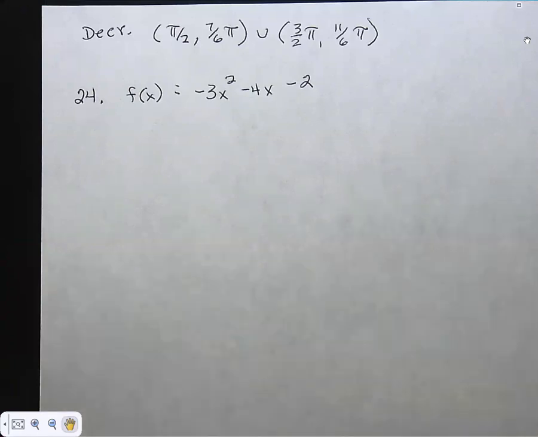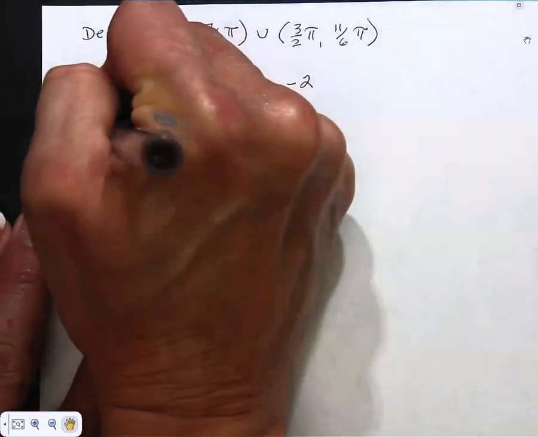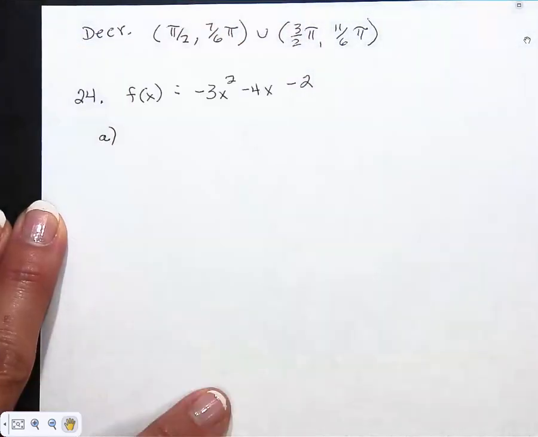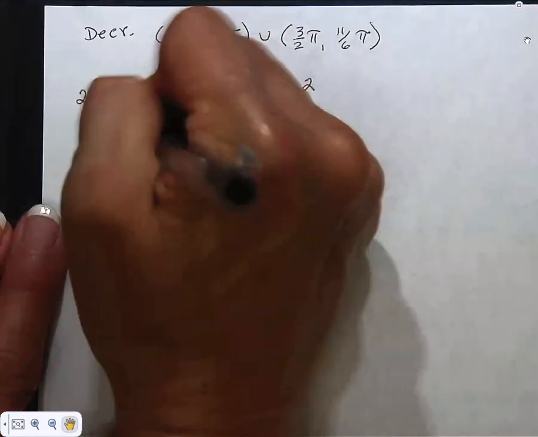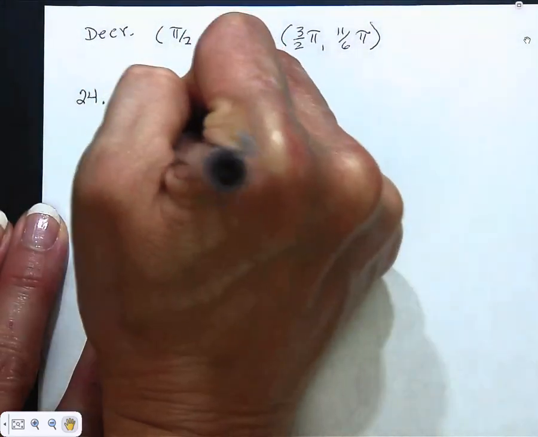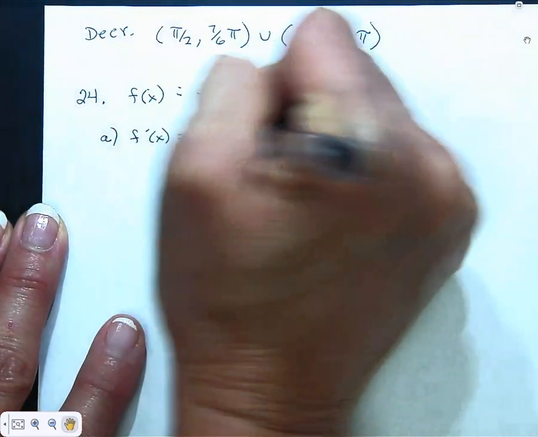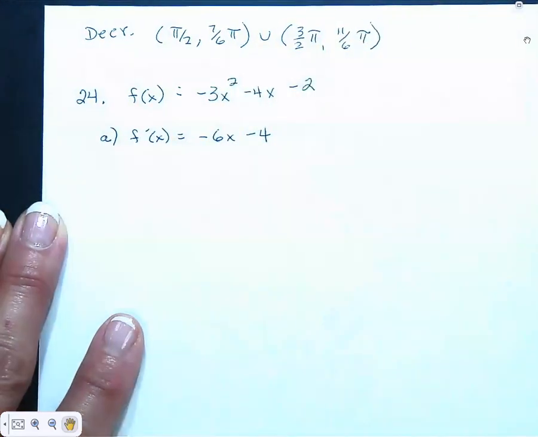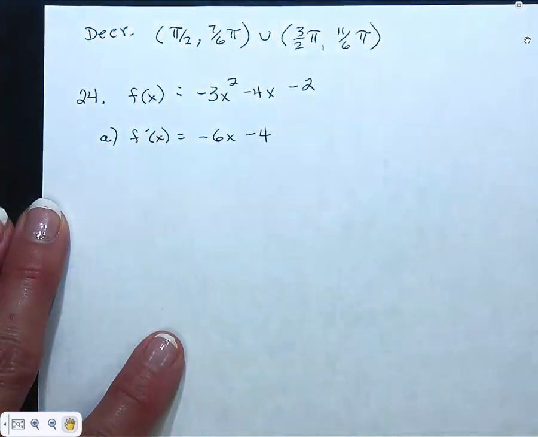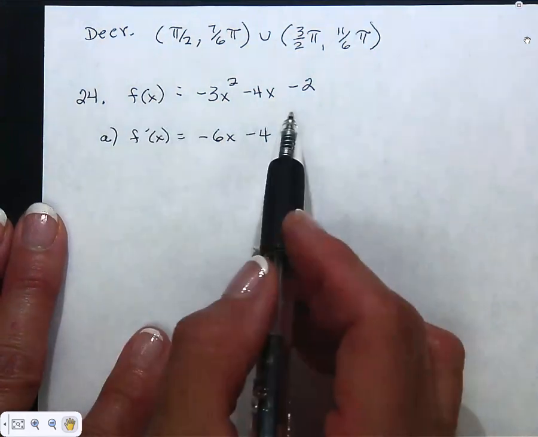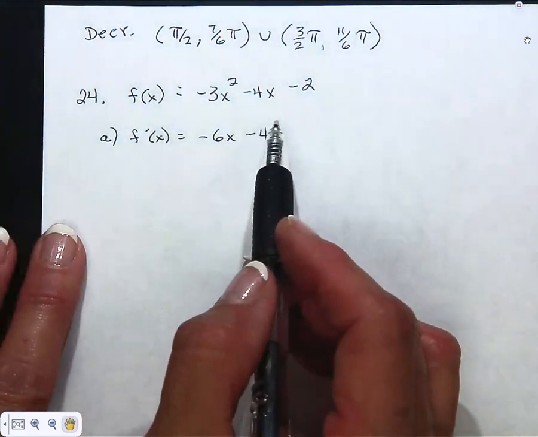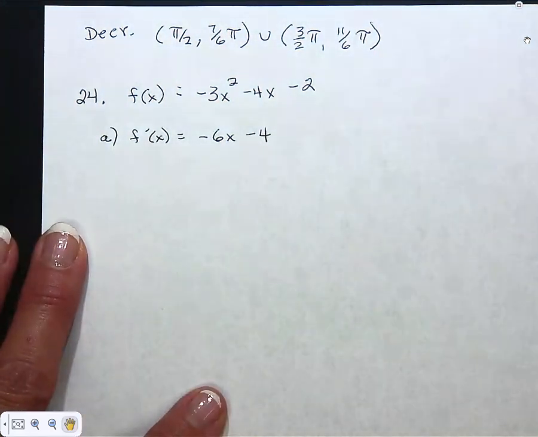All right, so 24. The A part says find the critical numbers. Means we need to find the derivative. Hey, does this original function have any discontinuities? No, domain negative infinity to infinity.